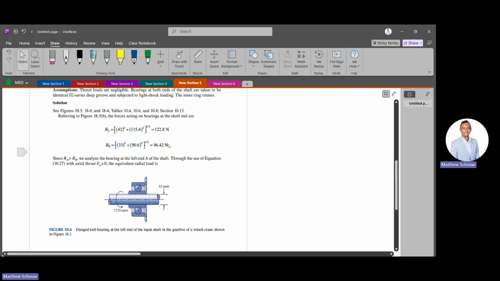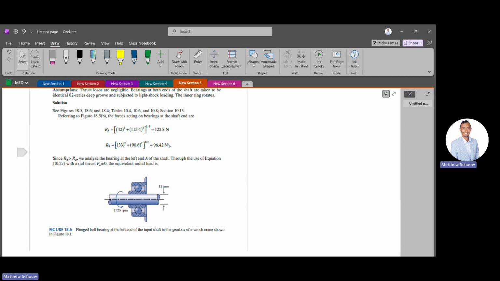So then for us to choose our bearing, what we decide is to go with the one with a higher load. Obviously, you can design each bearing differently, but we might as well choose a bearing which is stronger, right? That's what you want to do anyway. So it's just easier instead of buying two different bearings.